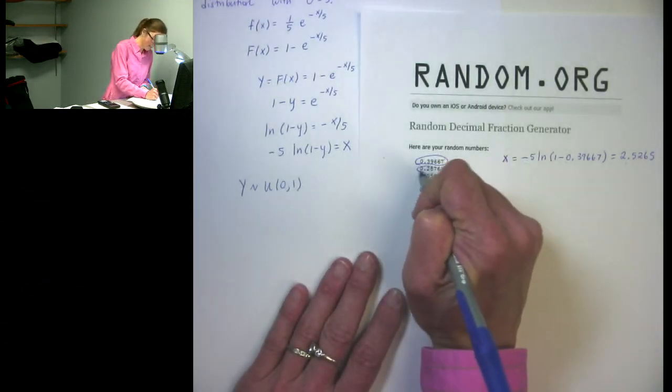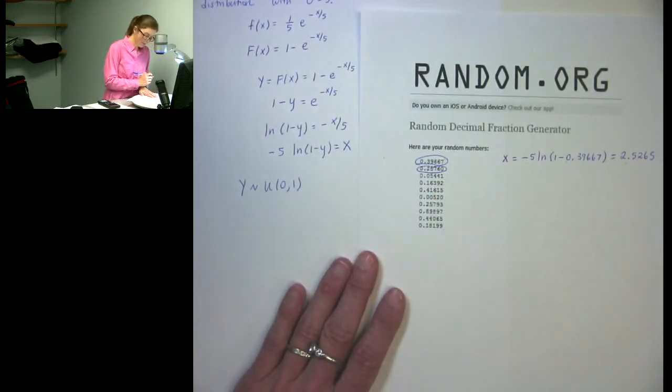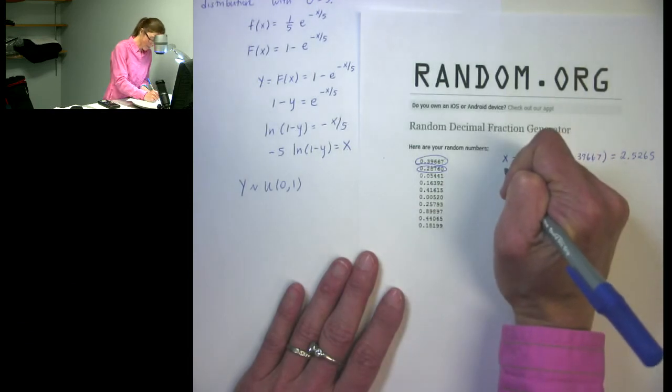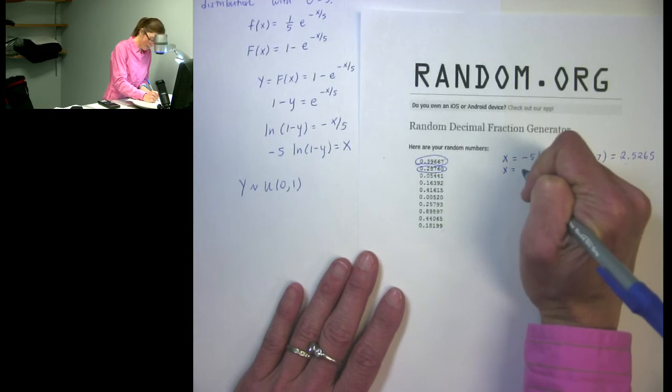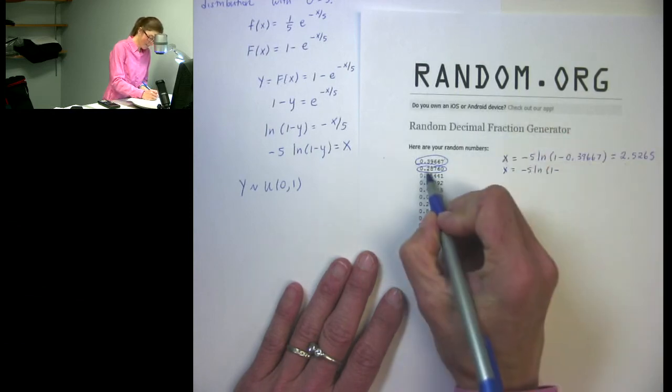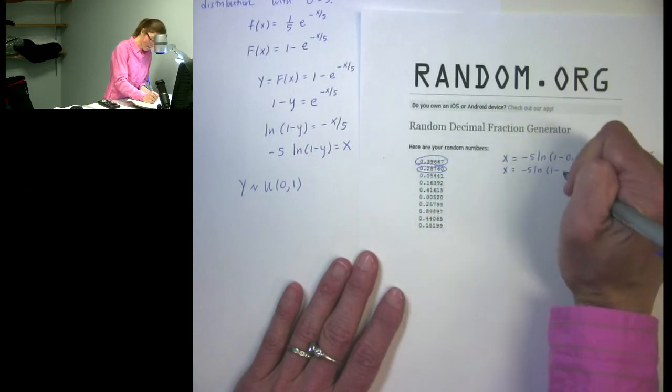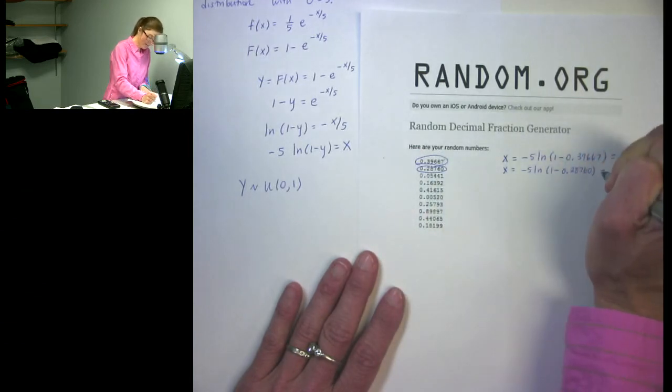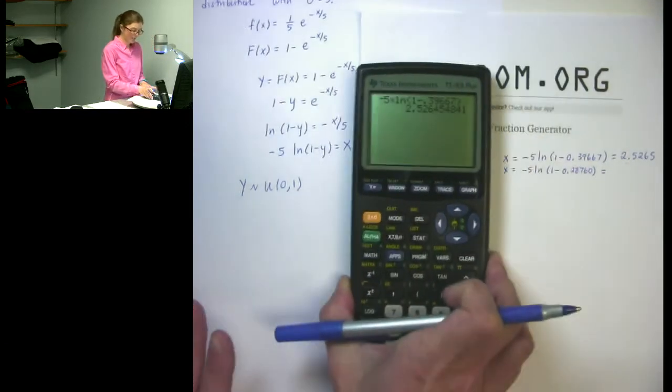So here's my next number for my uniform distribution, and I'm going to find my next value x. It's going to be minus 5 times the natural log of 1 minus my new y, 0.28760. And once again, I just substitute this in.